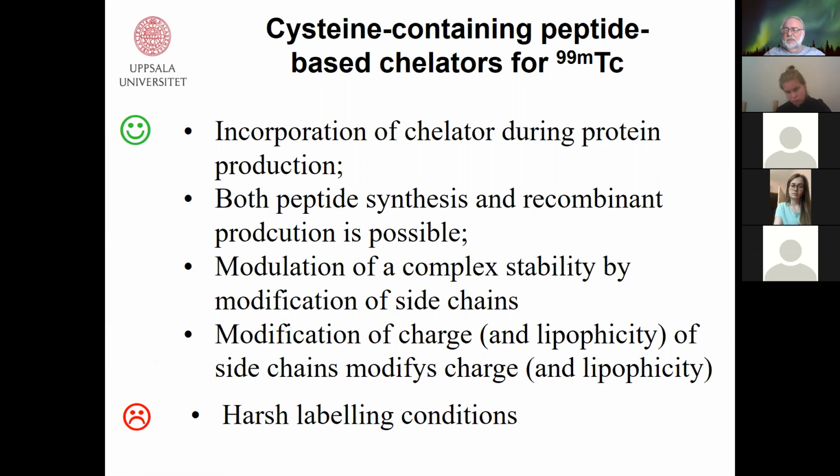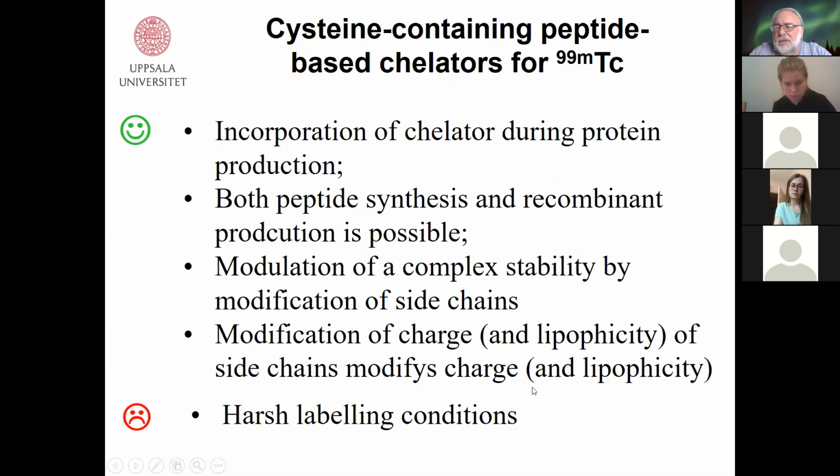For example, chelator is incorporated during protein production. Essentially, it's built in, it's engineered in. You needn't make an additional coupling step and extra purification. You can use it for both peptide synthesis and recombinant production, which is convenient. You still can modulate complex stability by modifying side chain, and you also modify the biodistribution.